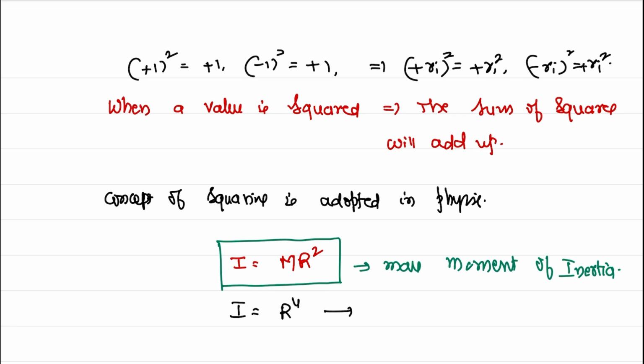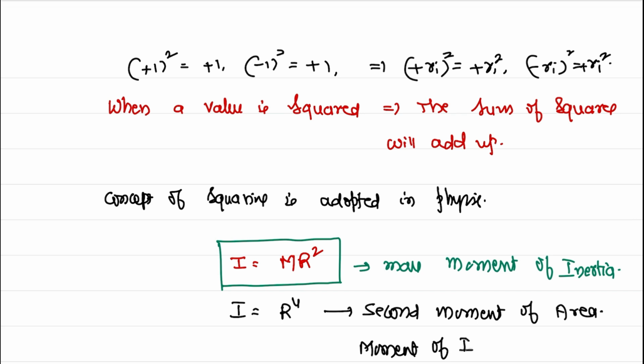It is the second moment of area, usually applied in engineering applications, or area moment of inertia, that is equal to r square into r square.